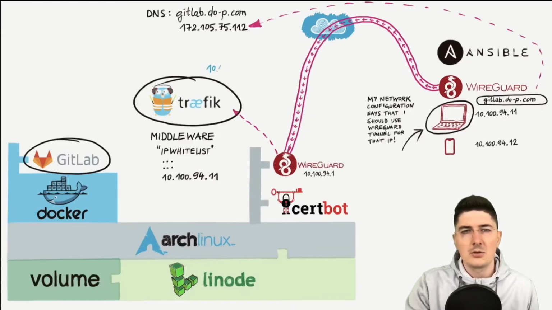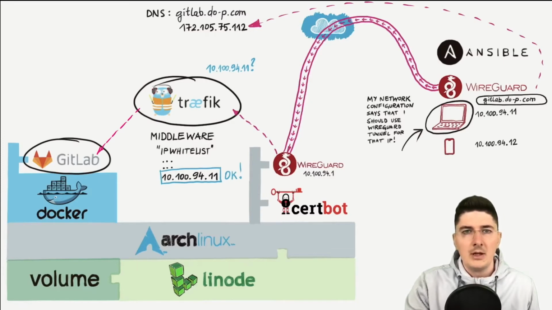Traefik sees that the source IP is 94.11 and that it is asking for gitlab.do-p.com. Traefik then checks the IP whitelist middleware for that domain, sees that this IP is present on the whitelist, and lets us through. That's enough for a quick intro. I'll talk more about it after we deploy Traefik and some services.